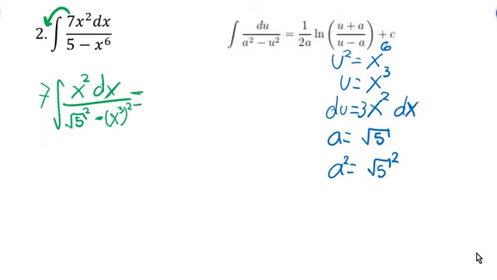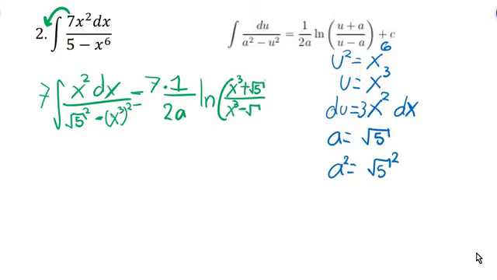So we're going to put the 7 aside, and then multiplying 1 over 2a, multiplying the natural logarithm of u, which is x to the third, plus a, which is square root of 5, and over the same values but with different sign, subtracting them, plus c.